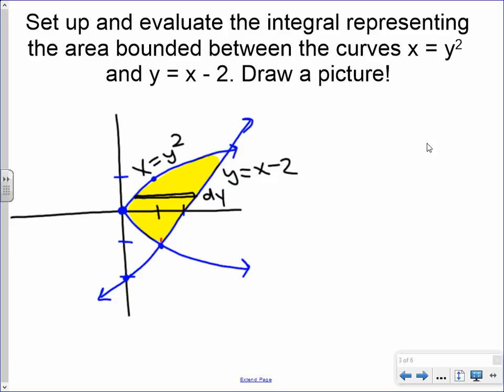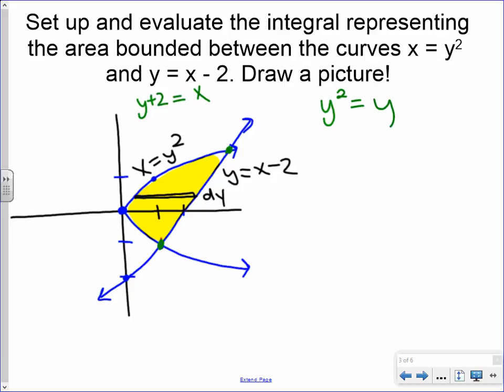Like with any problem, we do need these points of intersection. You can solve for x and then plug back in to solve for y, or we can just right now solve for y. We know we have to integrate with respect to y, so let's keep it that way. So we have y squared equals, here, x equals y plus 2.